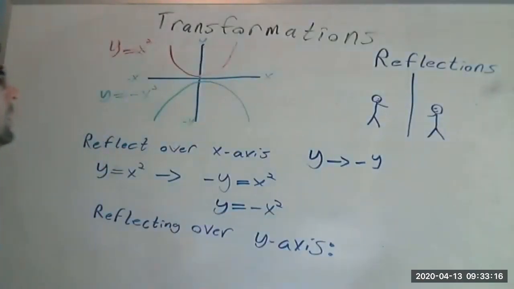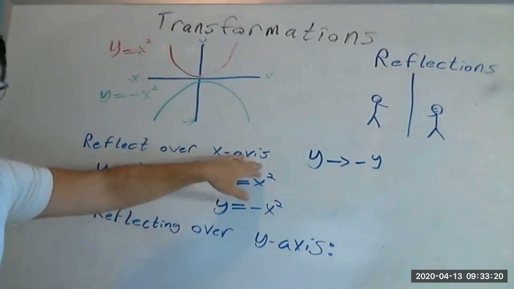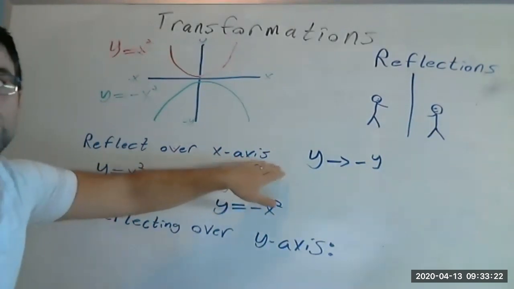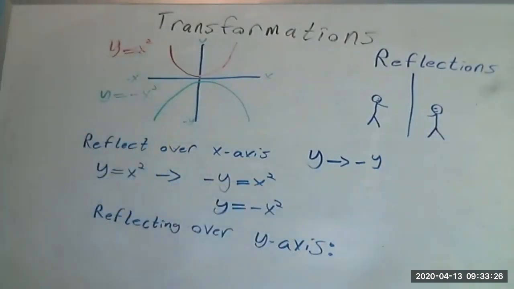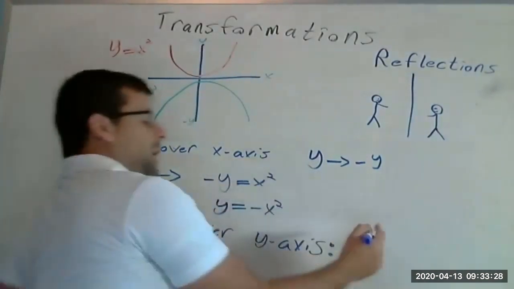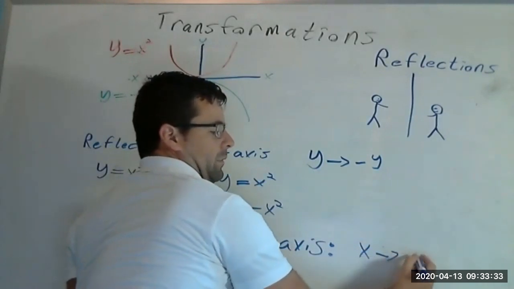No. So if you reflect over the x-axis, remember you're doing the opposite. So you have to flip the y variable. If you're reflecting over the y-axis, you flip the x variable.